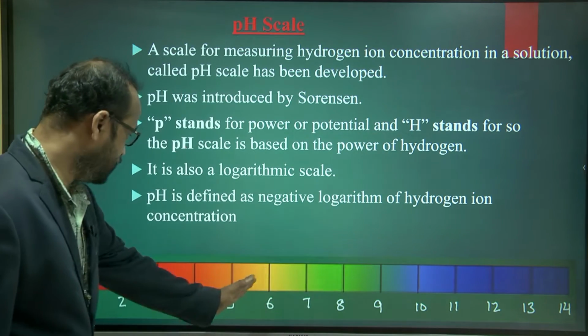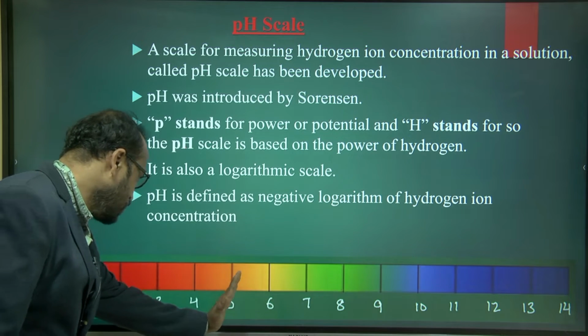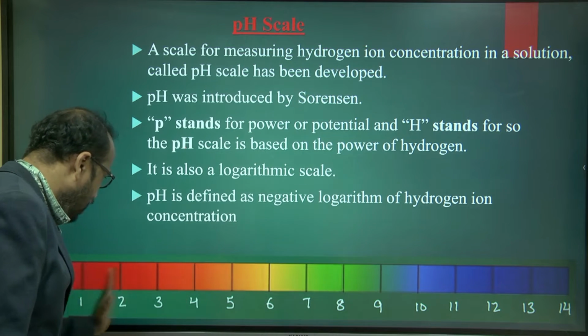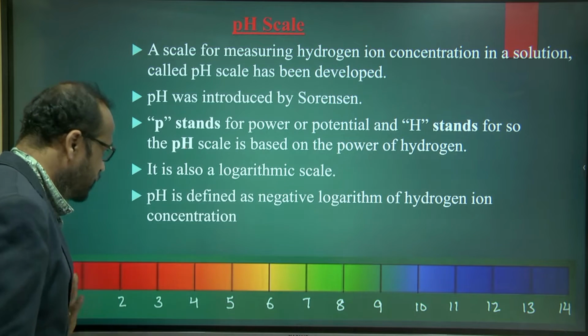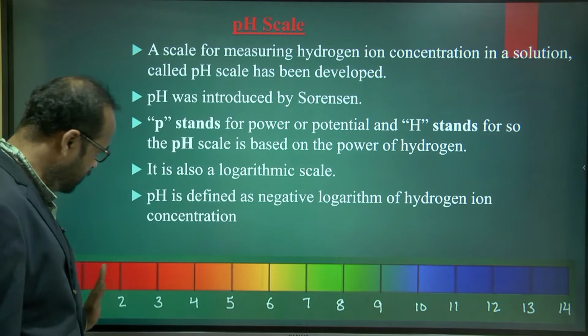So what does less than 5.5 mean? The acid becomes strong. As you move to the right, the acid becomes weak. As you move to the left, it becomes strong.